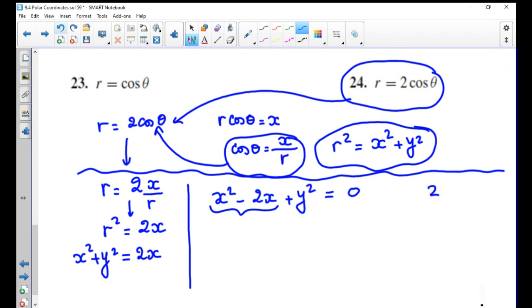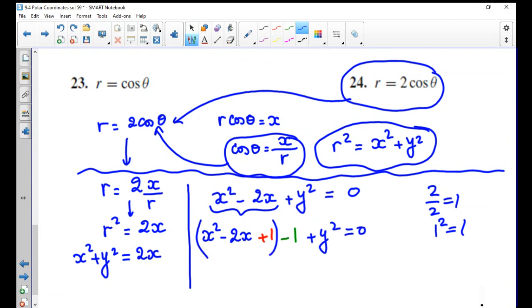We take the 2 here, we divide it by 2, we get 1, and we square it and we get 1. That means I will add the 1 and I will subtract the 1, plus y squared equal to 0. Now these 3 terms are a perfect square.